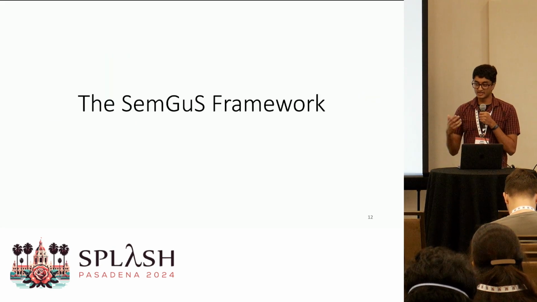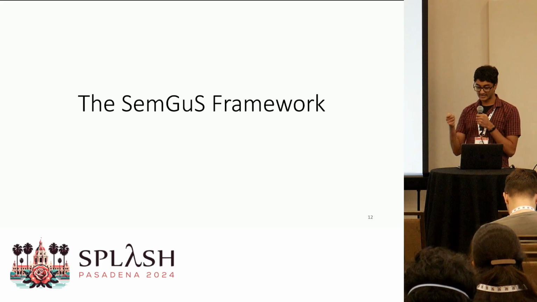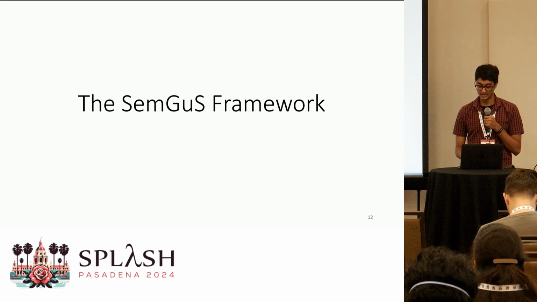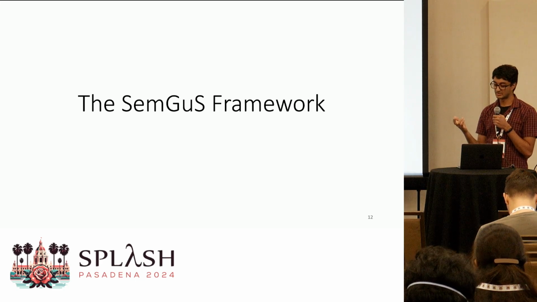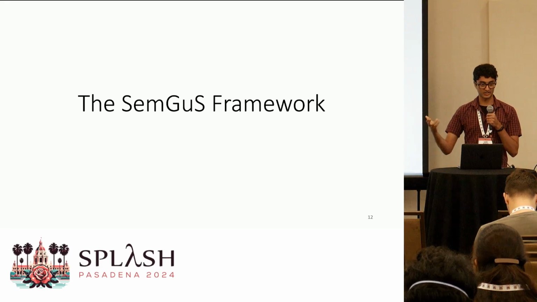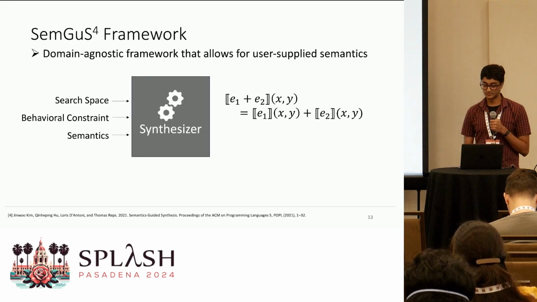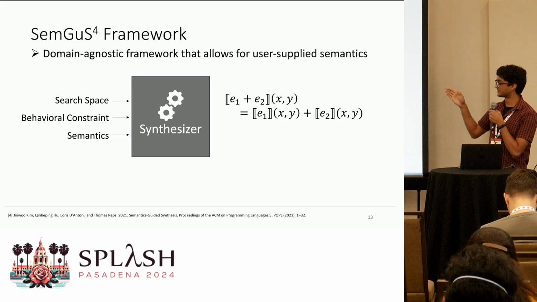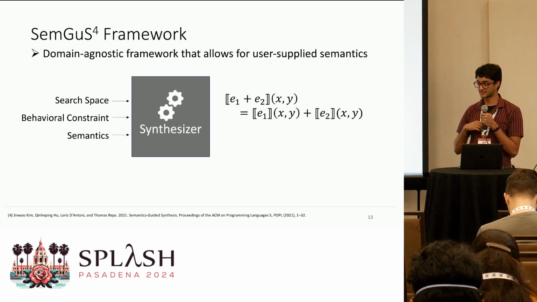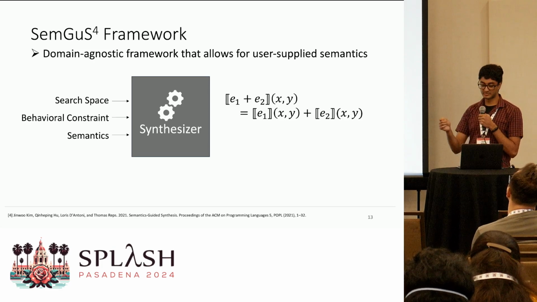So both the monotonicity checks and our grammar flow analysis required reasoning directly about the semantics in order to generate these interval over-approximations. And really, the ability to directly reason over the semantics is what the SemGuS framework gives us and is what actually enables our entire technique. So for background, the semantics-guided synthesis, or the SemGuS framework, is a domain-agnostic framework that allows a user to supply their own semantics to the terms of the language.